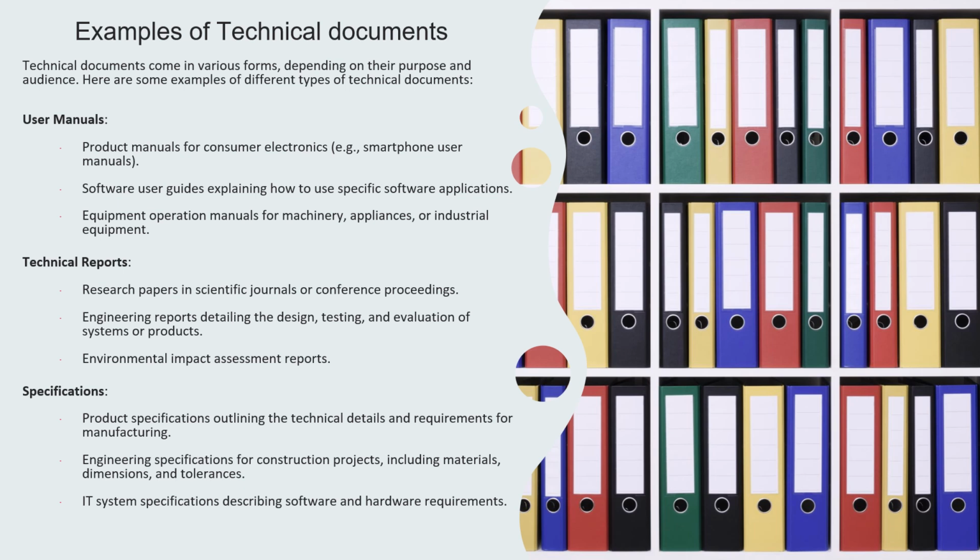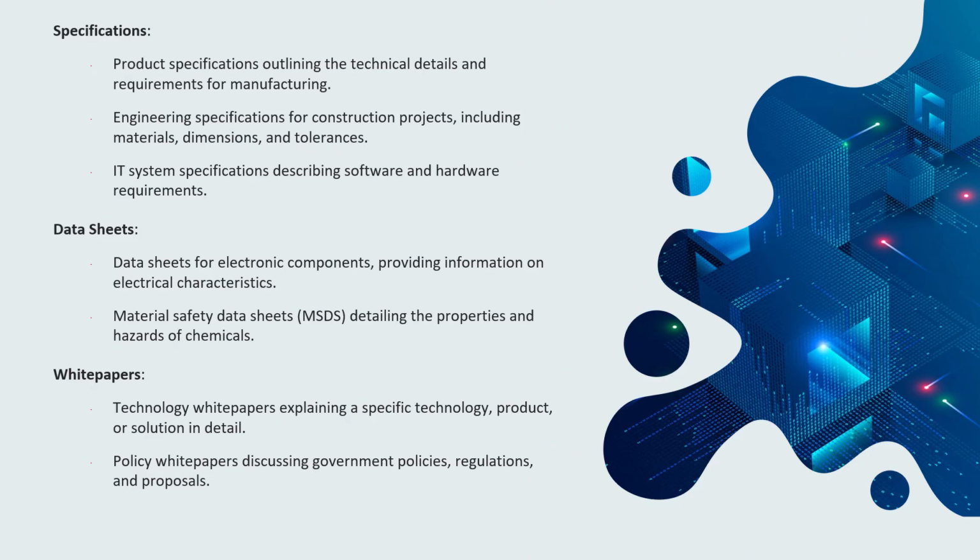Here on this slide, you will see more examples of technical documents, and also the fields in which technical documents can be used or produced: user manuals, technical reports, specifications, data sheets, white papers.